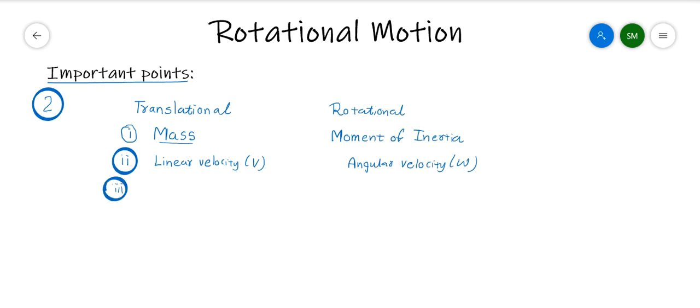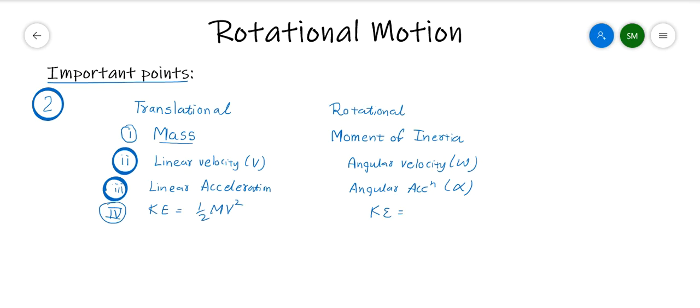In translational motion, whatever is the role of linear acceleration, the role of linear acceleration is here played by angular acceleration, which is denoted by the symbol alpha. In translational motion, the kinetic energy of a body is given by the formula half mv square, whereas in rotational motion, the kinetic energy is given by half I omega square.